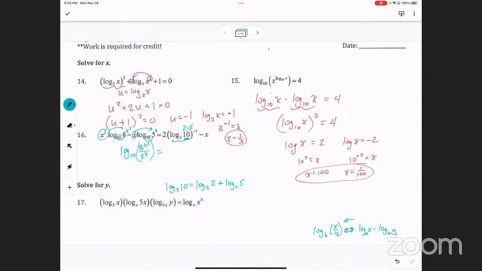Boy, this is a tricky one. I'm having a hard time seeing the best path for this, because if I did this, I don't know that that would necessarily help me, because I'm still going to have a negative exponent on the outside, and then I'm going to have 2 terms. I'm going to have a 1 here and then a log. I see what's going to happen. I have a feeling what's going to happen.